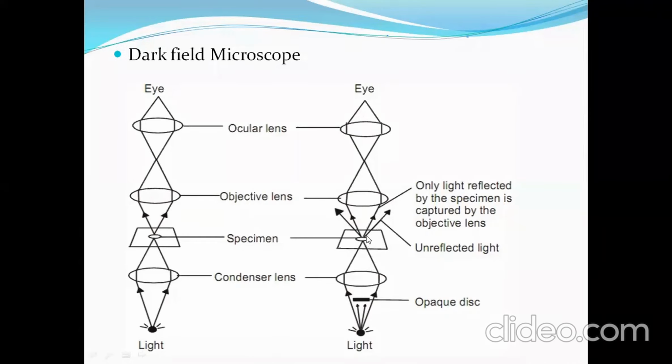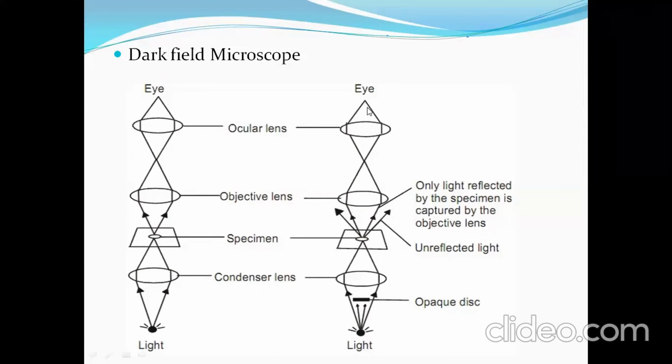Am I clear? So the specimen is illuminated in such a way that the unreflected and unrefracted light does not enter the objective lens. Only the light rays reflected or refracted by the specimen enter the objective lens and ultimately form the image in the eye.